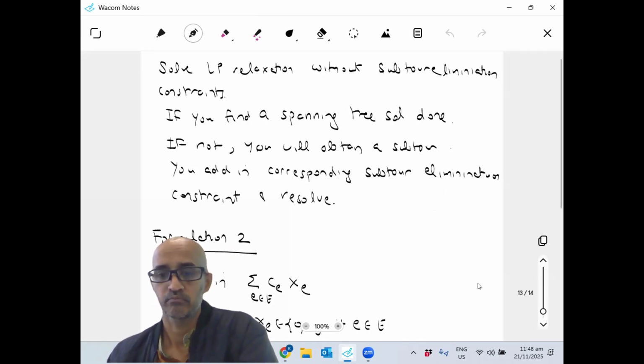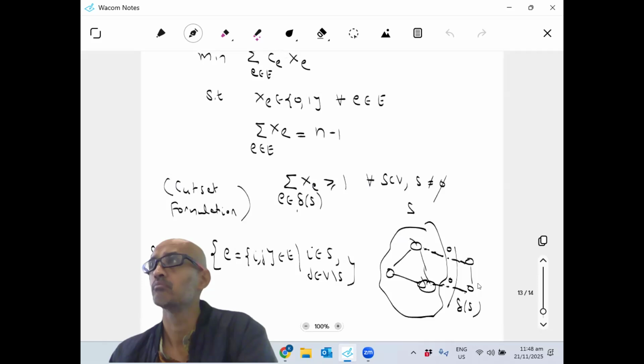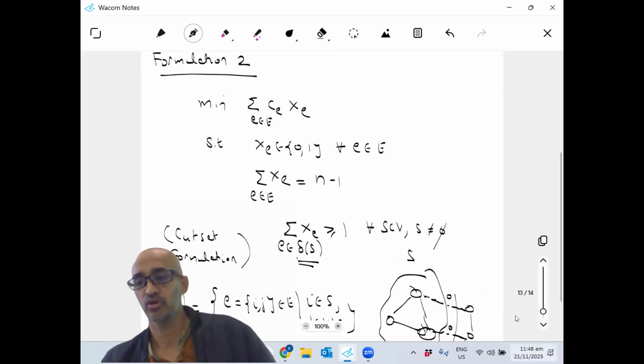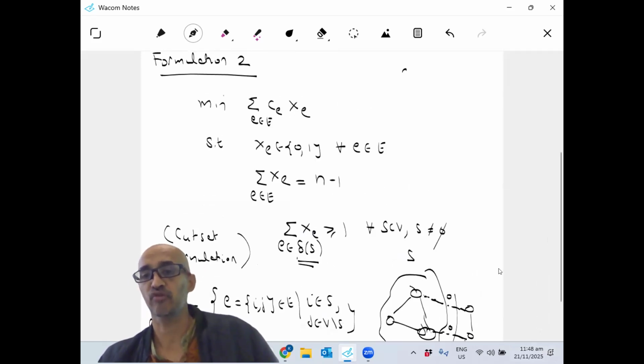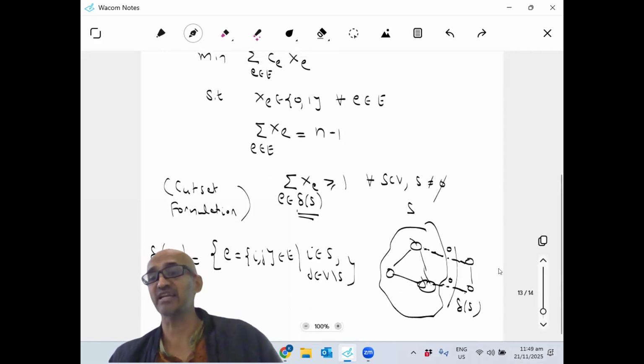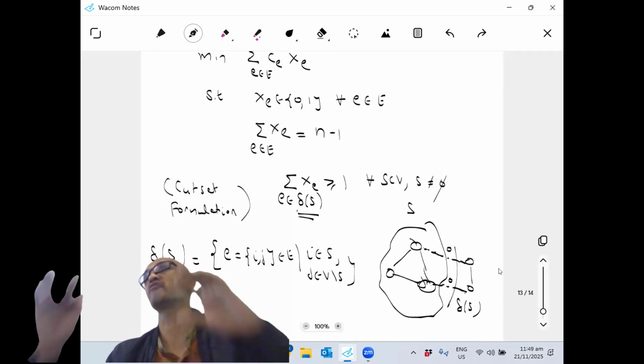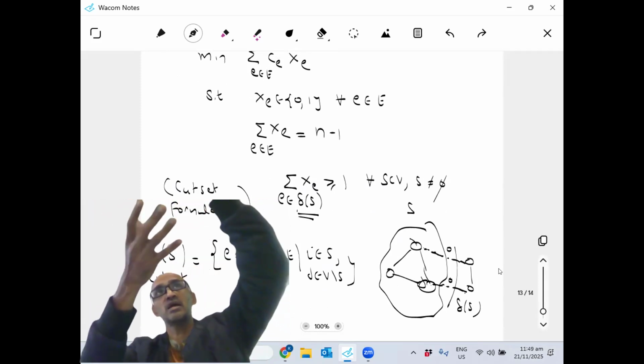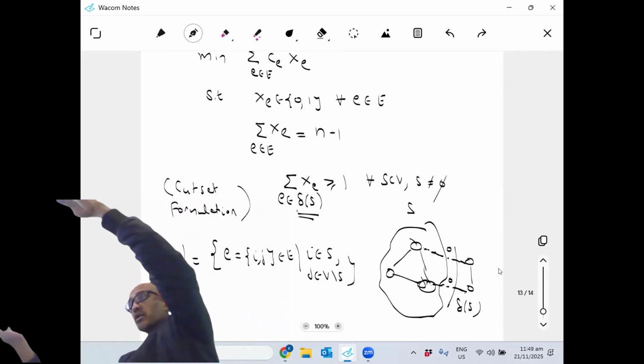Good. How do you find delta S? Delta S is simply, if I give you a graph like this, for every set S of nodes, you find the edges that go from S to S bar.